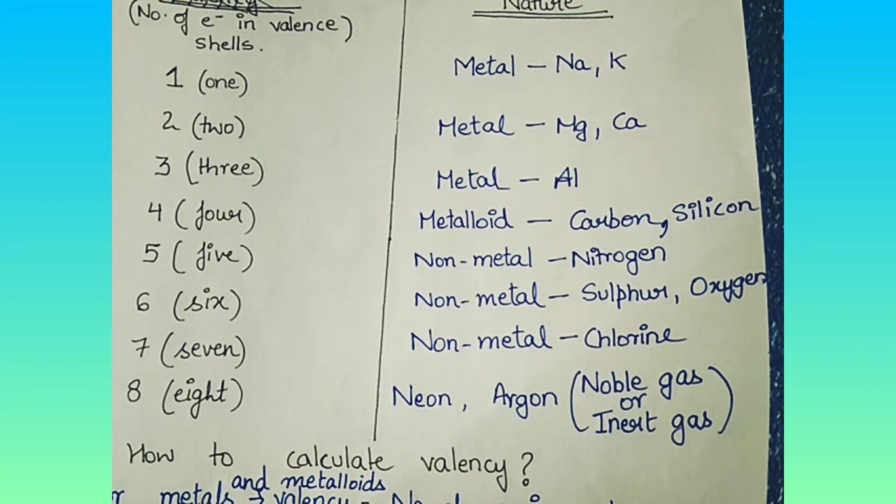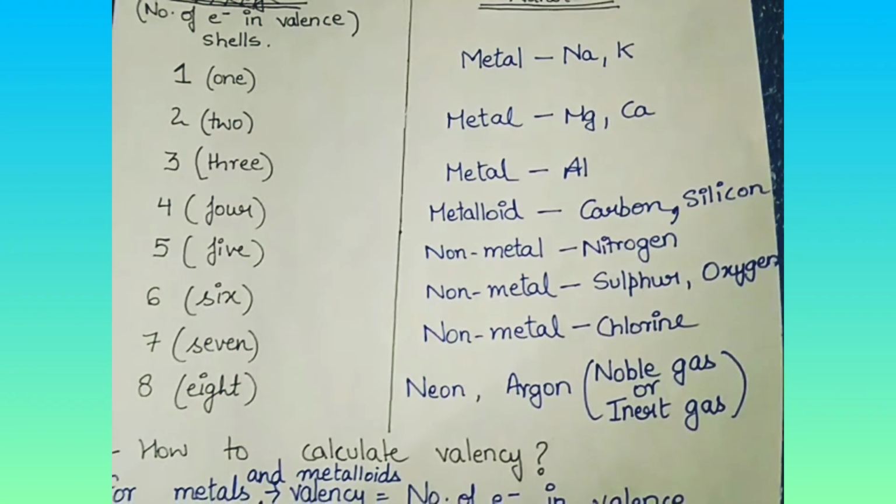If an atom has 5, 6, 7 electrons in its outermost shell, then it is referred to as a non-metal. Like nitrogen having 5 electrons in its valence shell, sulfur and oxygen having 6 valence electrons, while chlorine has 7 electrons in its outermost shell. So these all are non-metals.